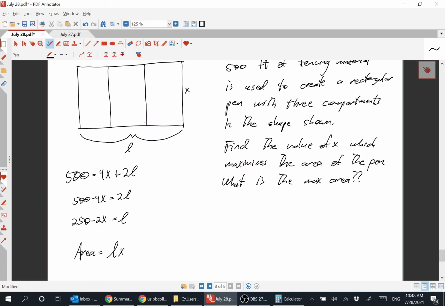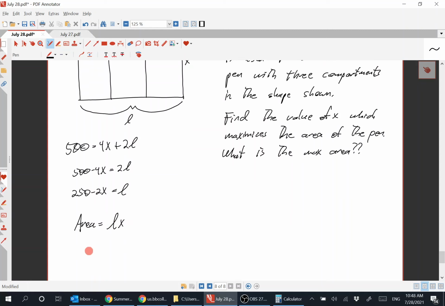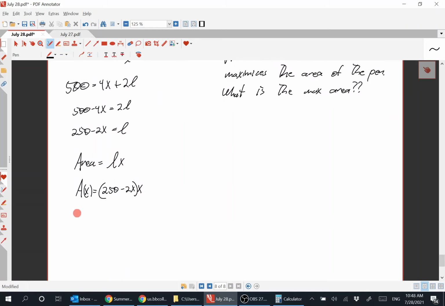I could have a whole bunch of these, but they just take up more material, and they don't affect the area. So the area is length times x. The area as a function of x is (250 minus 2x) times x. So this is a quadratic function, and that's the area of the pen.